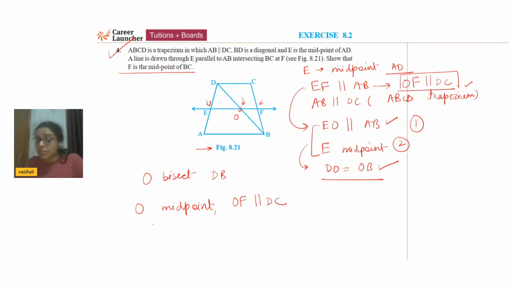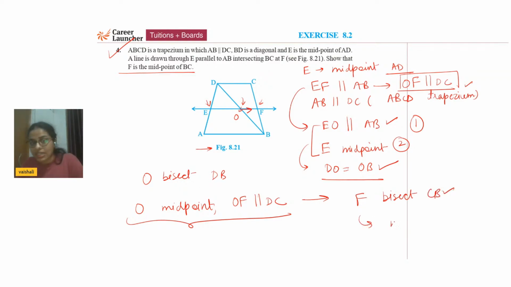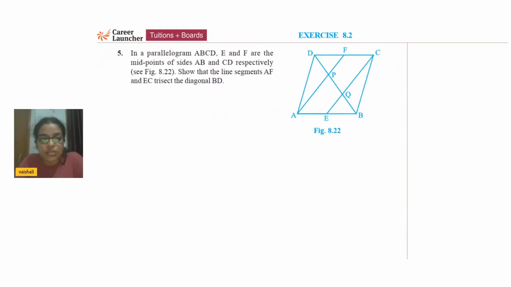Can I apply the midpoint theorem again and say that if I extend this line from O, it must bisect the line BC, or it will imply that F bisects CB into equal halves? Or I can indirectly say that F is the midpoint of the line BC. So it means we are making use of the same theorem not once but twice, and we were able to show that F is the midpoint of BC. I hope there is no confusion in this question also. So let's move on to the next one.